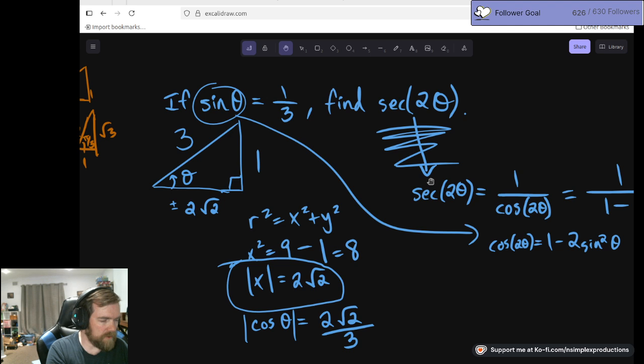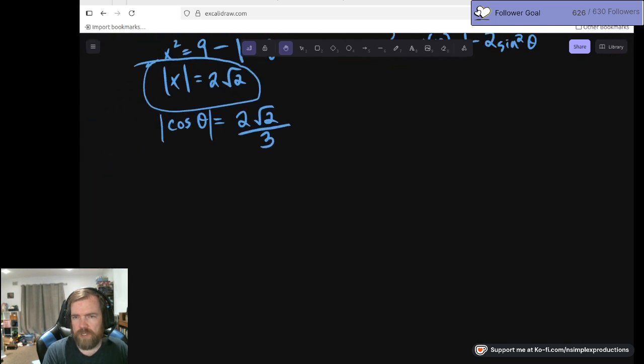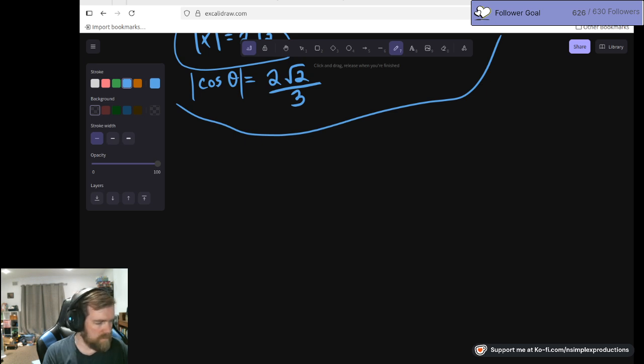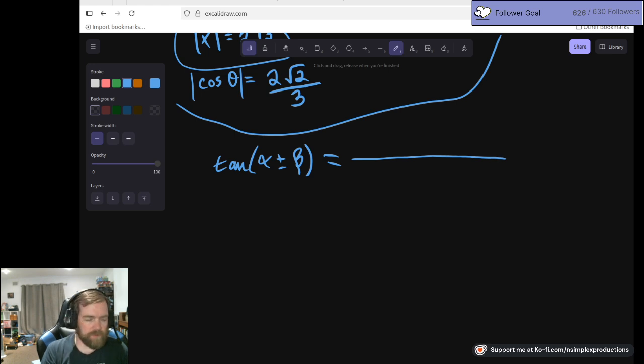So we figured out all of the individual formulas that we were going to use: addition, subtraction, double angle, half angle, all that good stuff. We did not discuss the tangent of alpha plus or minus beta, because for the most part, my school never used it.